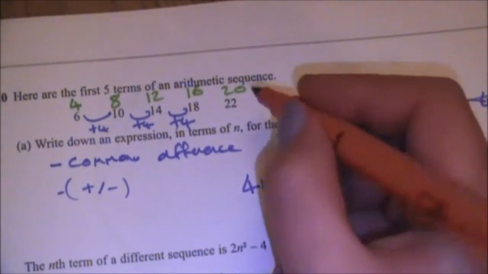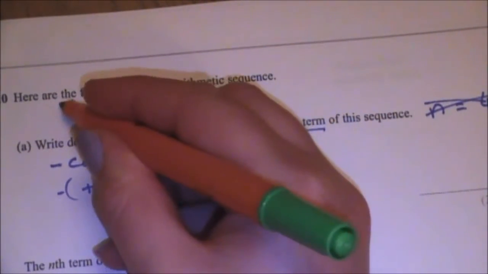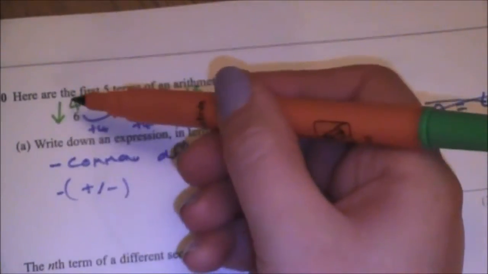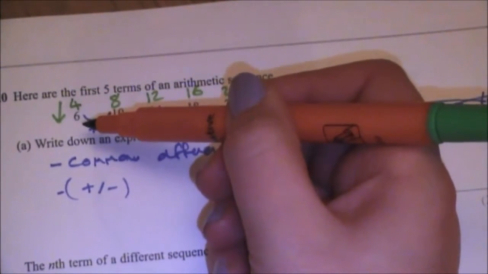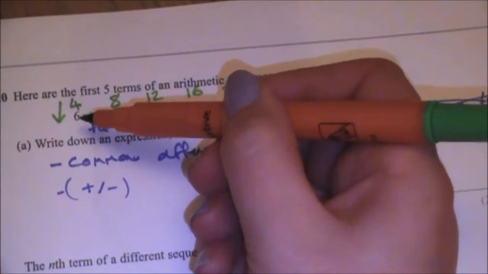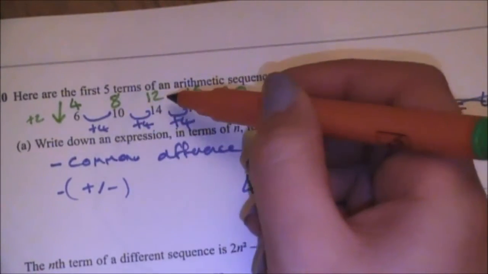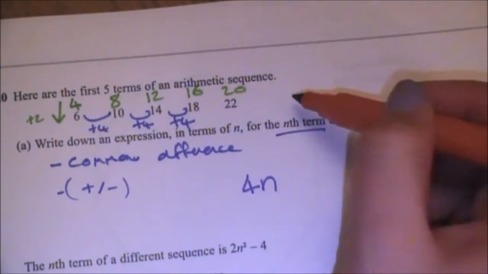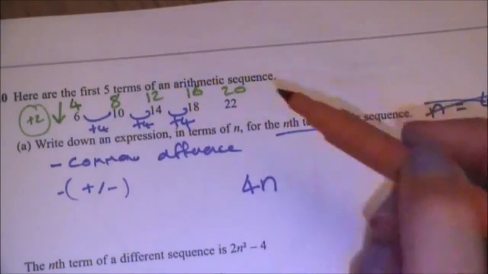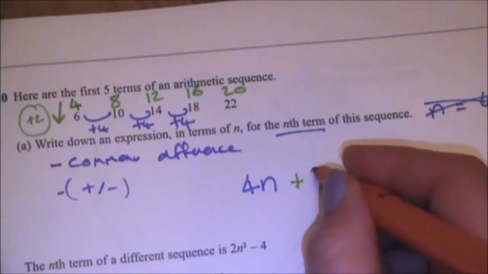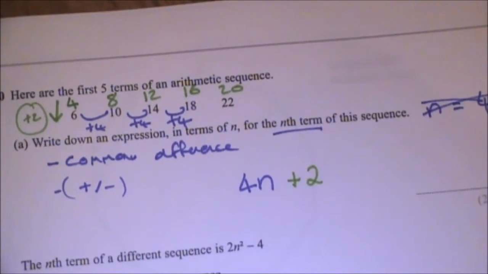And then from there I ask myself, how do I go from the 4 times table to the number of my sequence? So how do I go from that 4 to 6? Well, I add 2. Does that work for the next one? 8 to 10? Yes. 12 to 14? Yes. So it works for all of them. Therefore, the second part is add 2.